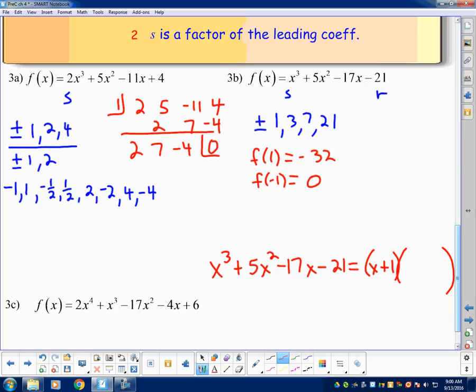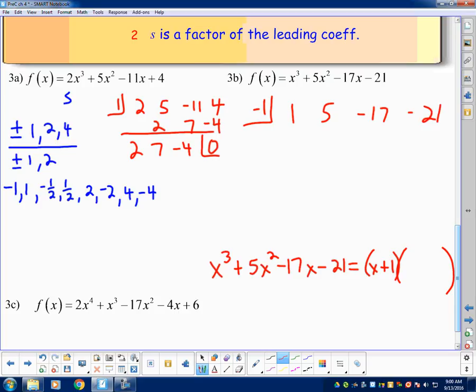So I've got up here negative 1, and then we have 1, 5, negative 17. That's not enough room. This over. Okay, so we have negative 1 we're going to test. 1, 5, negative 17, negative 21.